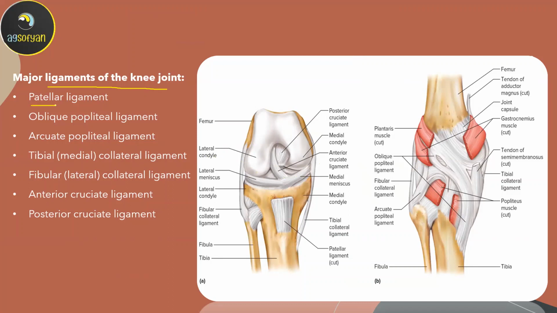There is a patellar ligament between the patella and the femur, the oblique popliteal ligament, and the arcuate popliteal ligament, a little bit smaller over here.